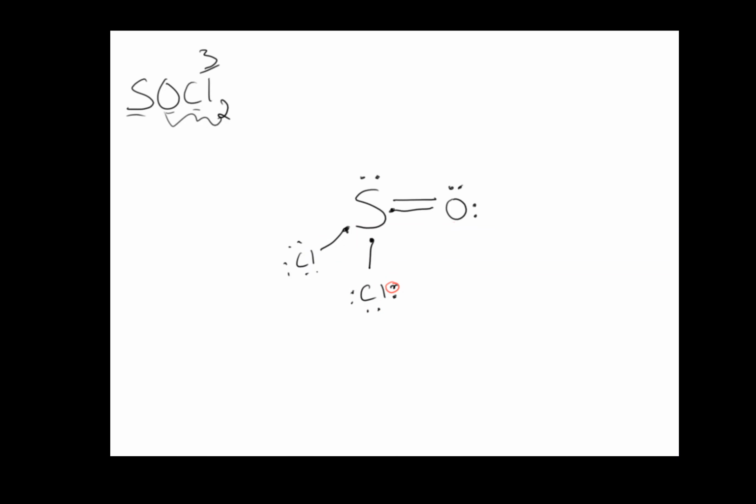All right, I have now checked my octets. I need to check my formal charges. All right, oxygen owns half that, chlorine owns half of that. So sulfur. Sulfur brought 6 to the party, and it owns 1, 2, 3, 4, 5, and 6.